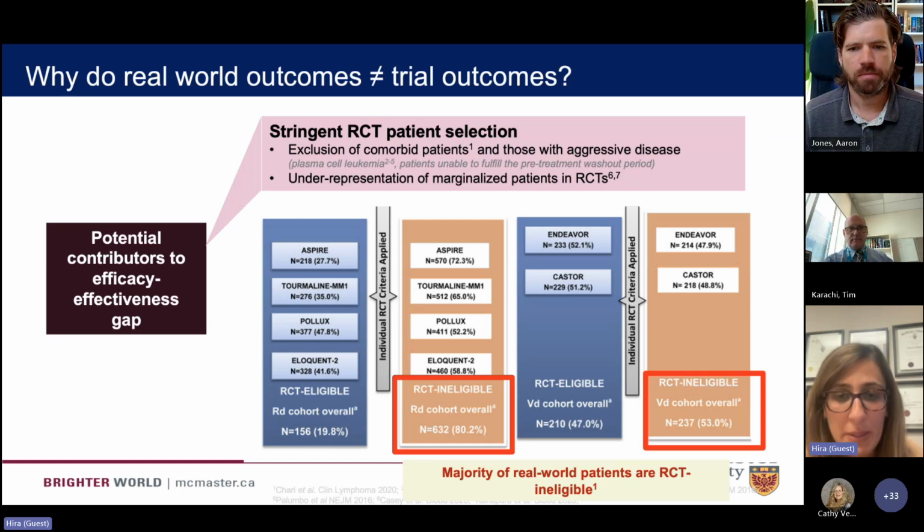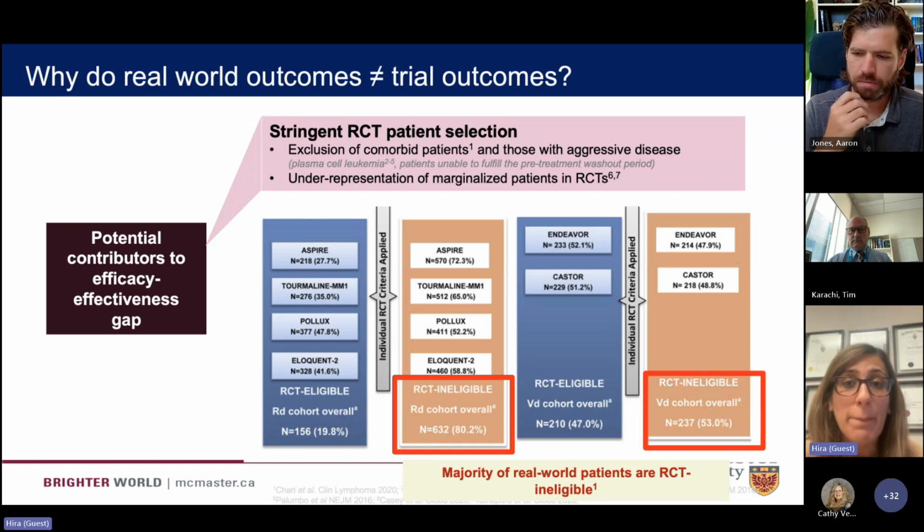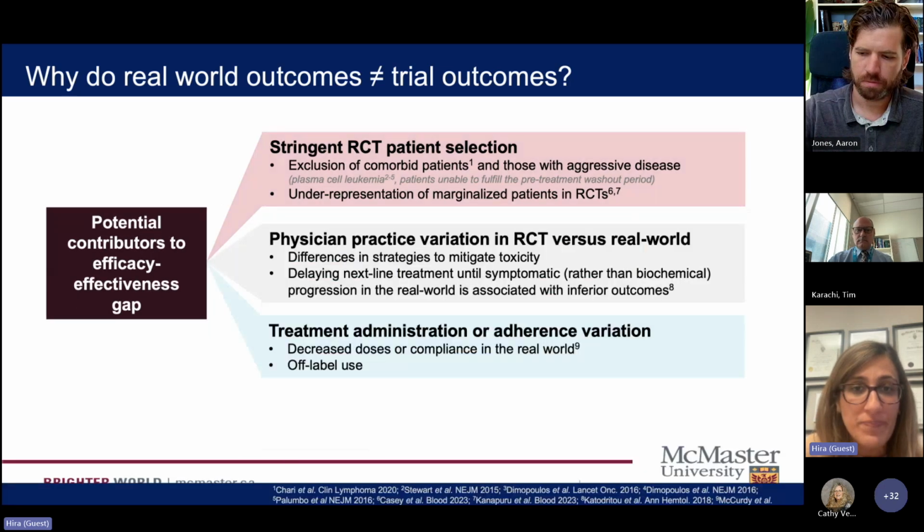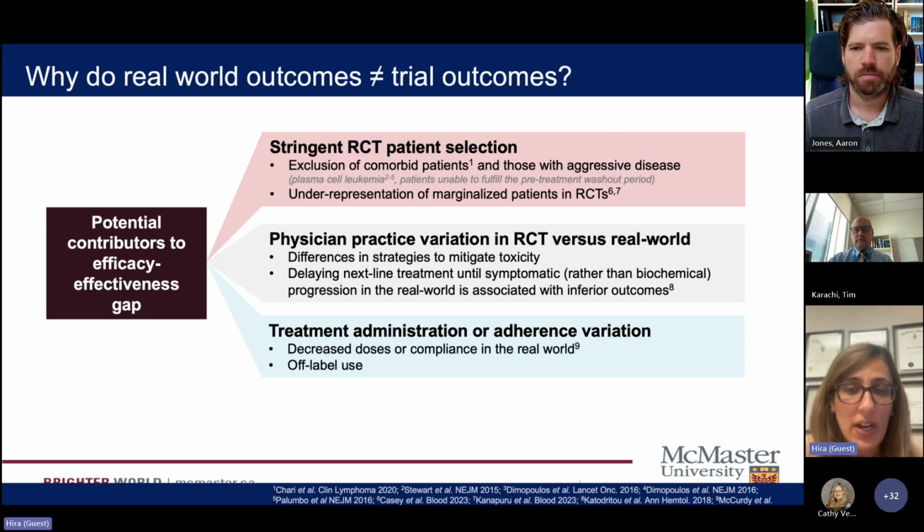So when we're counseling patients in clinic about the efficacy as well as the toxicity, it's really hard to generalize that. We know that in myeloma, potentially anywhere between 53 to 80% of real world patients would actually have not been included in some of those stringent registrational clinical trials. And that's due to a number of different factors in terms of just the real world patient selection.